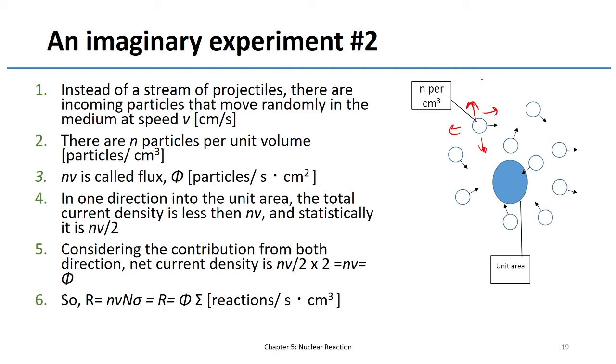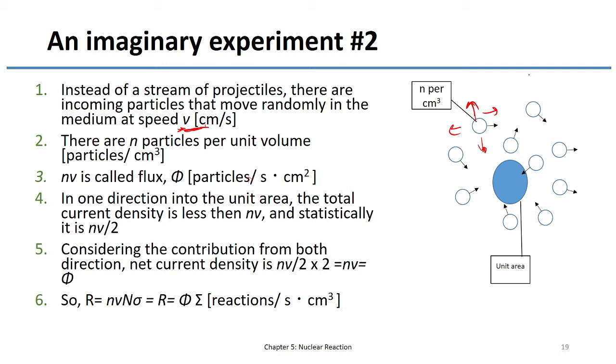Randomly in all directions, but at a constant speed. Let's say we still use the speed v here. The speed is the same, but only the direction is random.